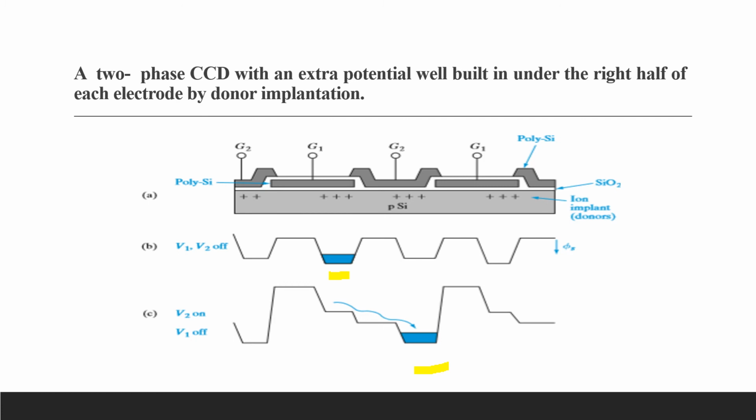When both gates are off, it will appear as B again, except that the charge is now under the G2 electrode. The next step in the transfer process is obviously to pulse G1 positively so that the charge moves to the implanted region under the G1 electrode to the right here, so that it can move toward the right.